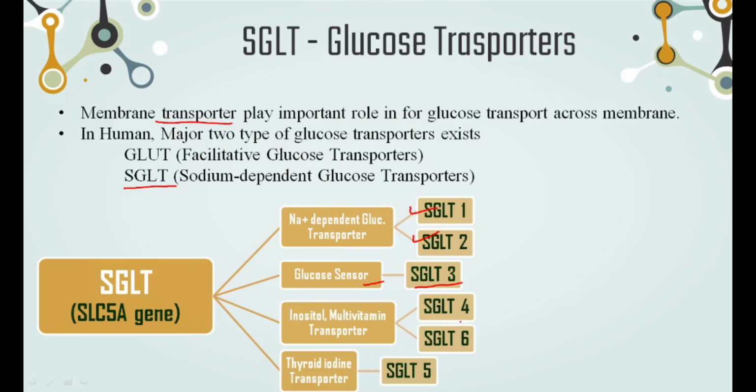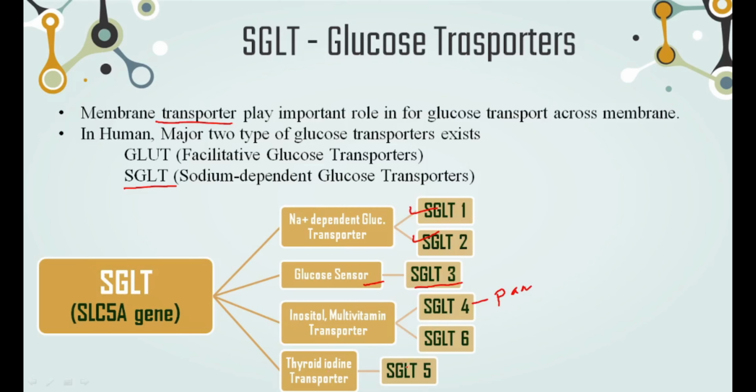SGLT4 is found in the pancreas, while SGLT6 is the myoinositol transporter, and these also play an important role in glucose transportation or uptake. And the thyroid iodine transporter is SGLT5.